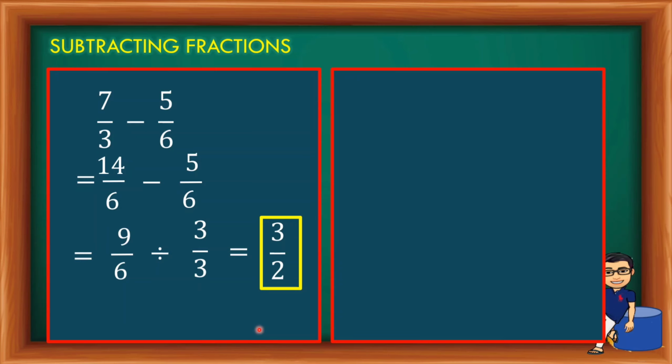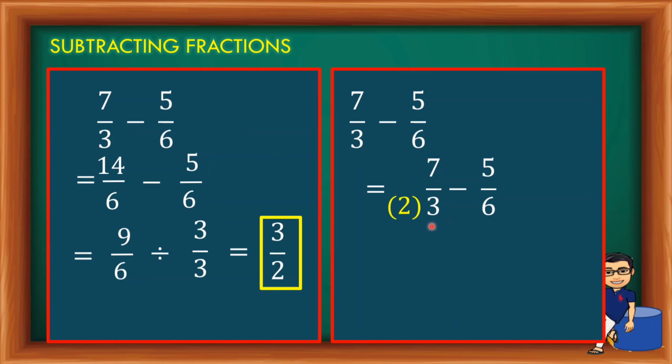Okay, ngayon, kung ayaw uli natin gamitin yung process na yan, pwede pa rin natin gamitin yung same process kanina, wherein, iisipin natin kung saan i-multiply ang denominator para makuha yung LCD. So, ang LCD natin ay 6. Sabi natin kanina dito. So, saan i-multiply ang 3 para makuha ang LCD na 6? Sa 2.